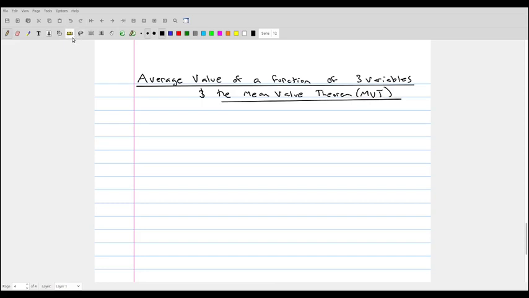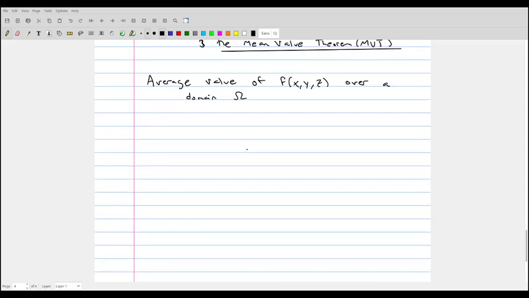So we say that the average value of a function of three variables over a domain omega is given in the following way. We'll denote it as, say, average of f.